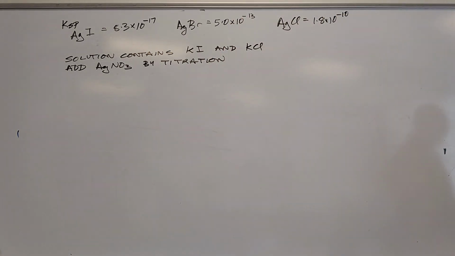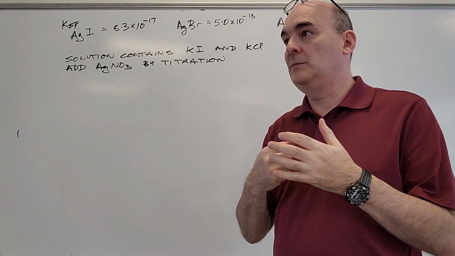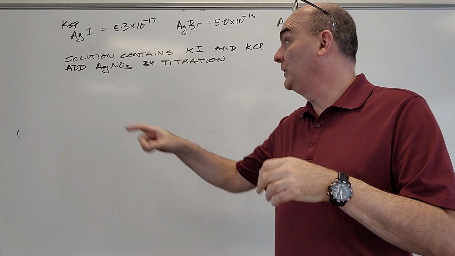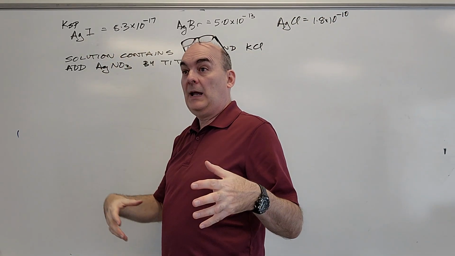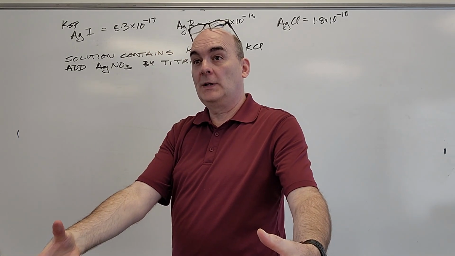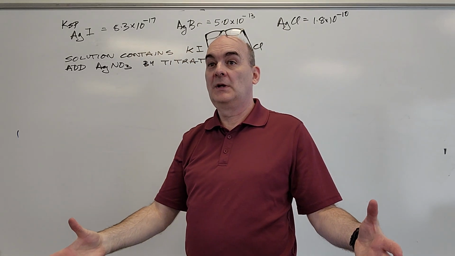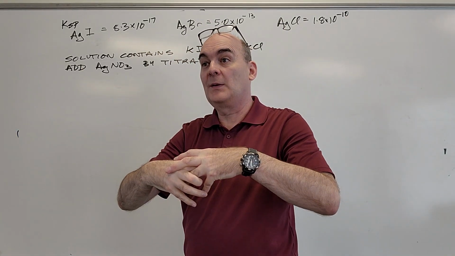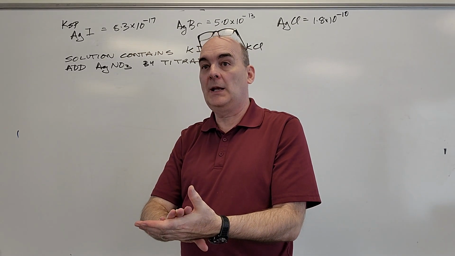There is a chance that if you do this really quickly, you trap some of the other ions in the precipitate. Okay, so if I'm silver and I really make an insoluble solid with iodide, and you give me lots of iodide all at once, but you also give me lots of chloride all at once, then I just grab what's available, I precipitate, and that solid will have trapped chloride in it.